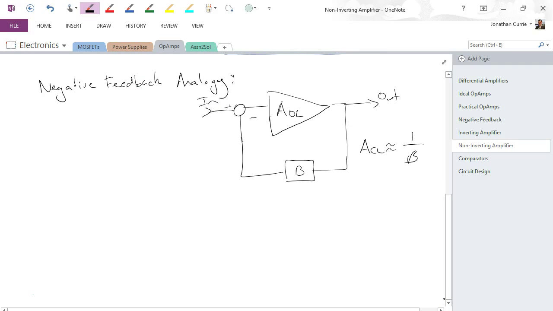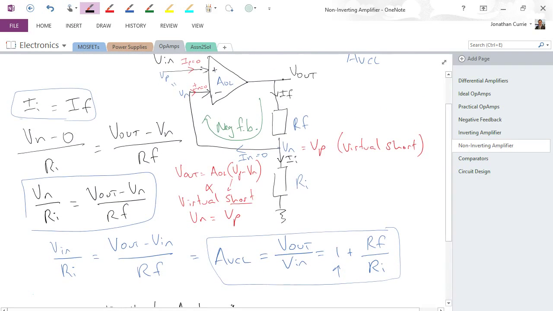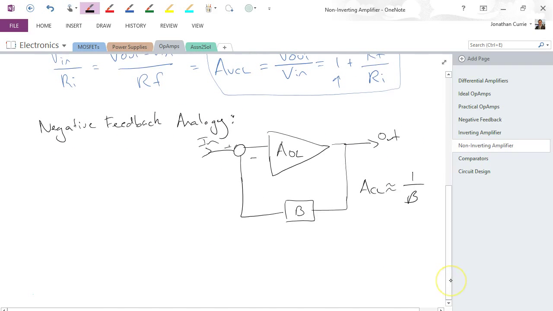Now, we can apply that to the circuit up here, because we can see that the fraction of the output applied is merely a voltage divider in this circuit, where the voltage Vn is the voltage across this resistor here. So let's see how that would look.